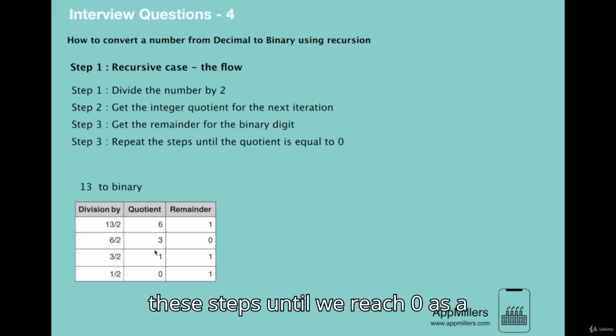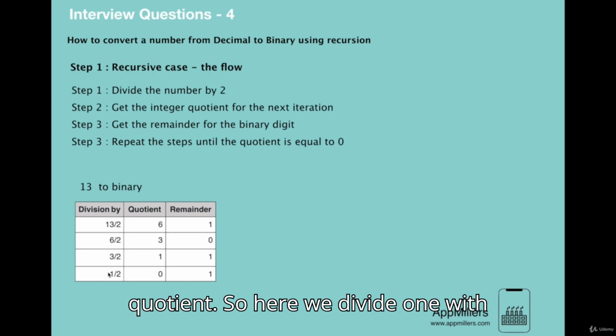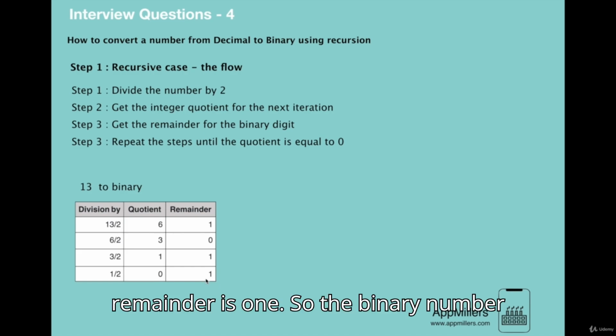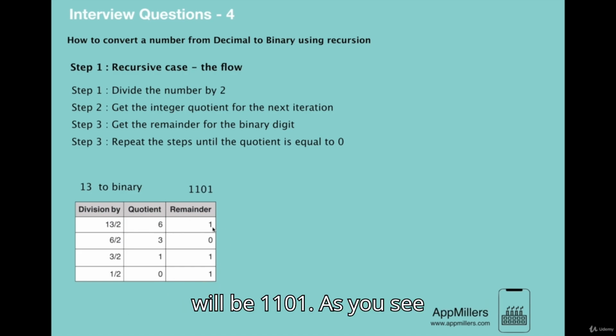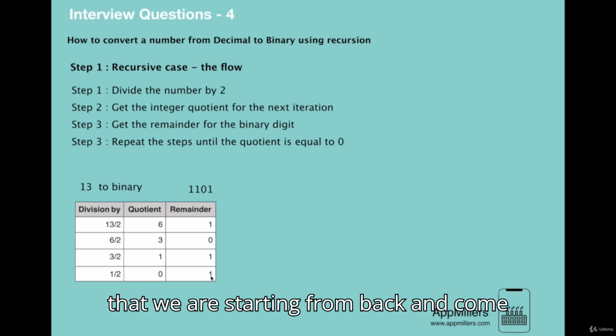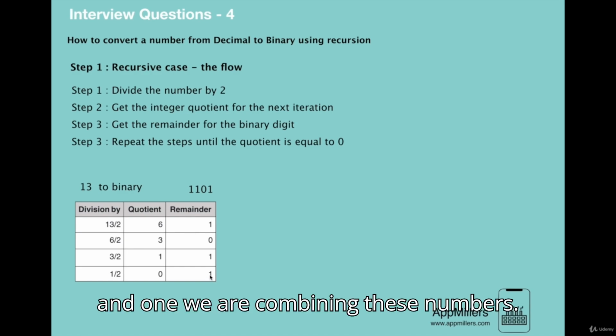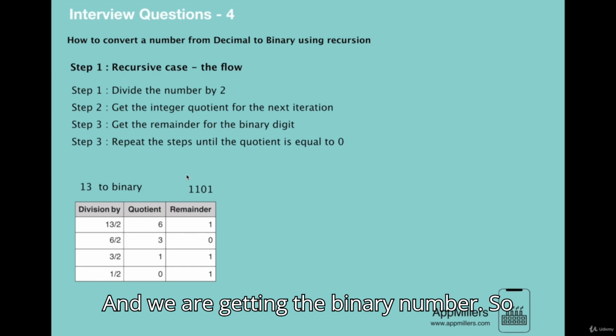So we are repeating these steps until we reach 0 as a quotient. So here we divide 1 with 2 and the quotient is 0 and remainder is 1. So the binary number will be 1101. As you see that we are starting from back and coming forward. So here 1, 1, 0 and 1. We are combining these numbers and we are getting the binary number.